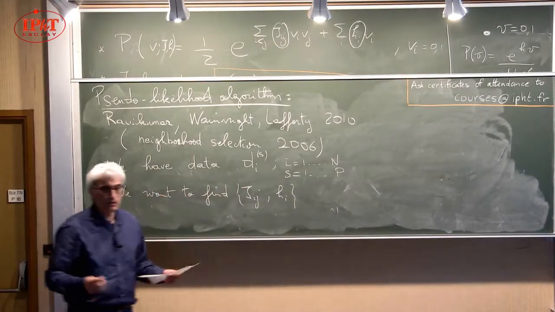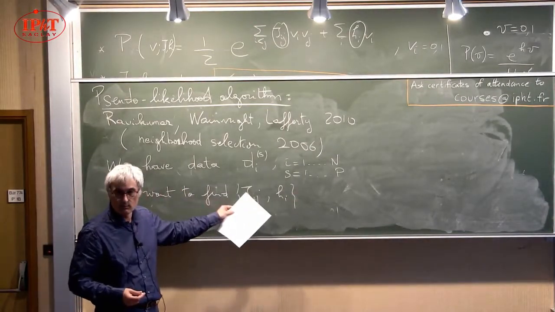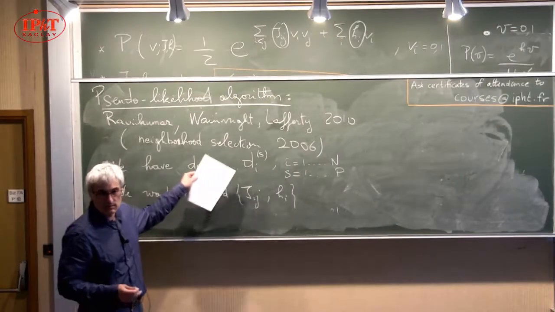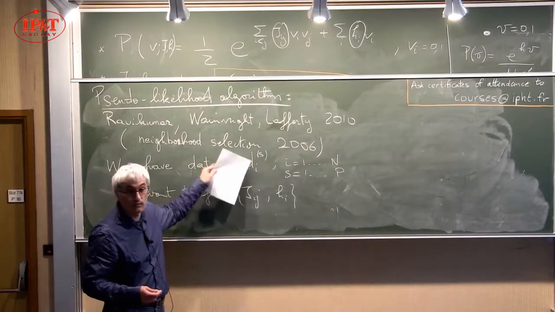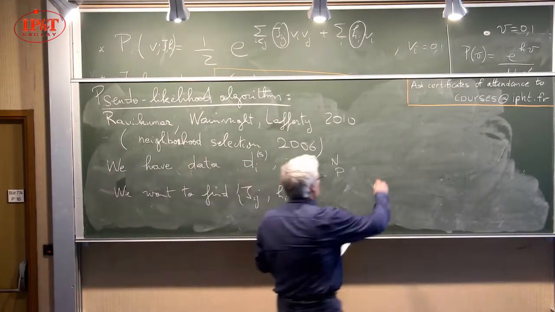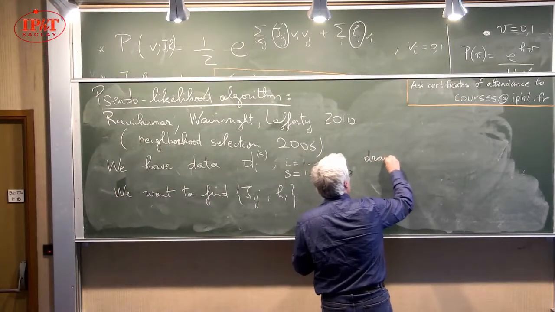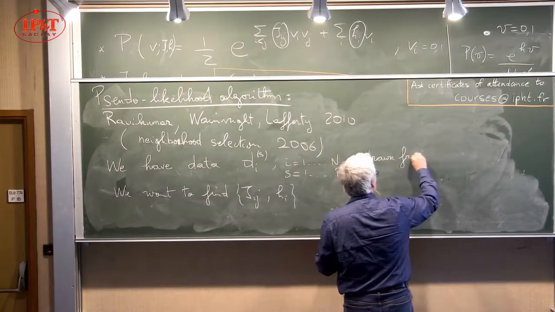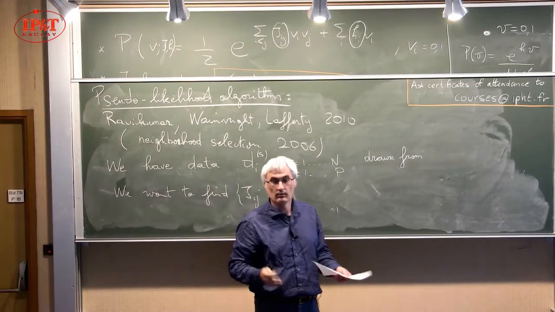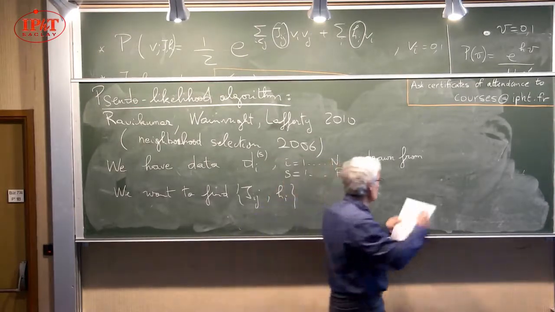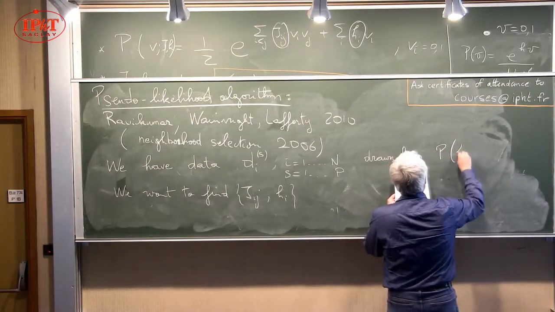So in a, let's say, consistency framework, I will assume that the data are drawn from some Ising model. And then the question is, how do we recover the values of the couplings and the parameters from the data? I'm assuming they have been generated by an Ising model. But of course, the algorithm I'm going to explain can be applied to real data, which certainly have not been generated by an Ising model, but then we lose asymptotic results and so on.